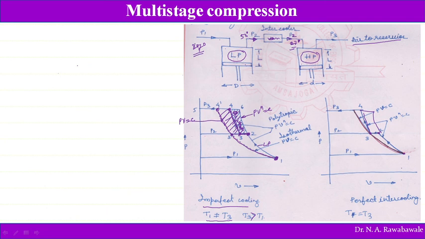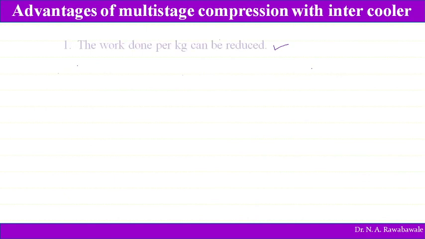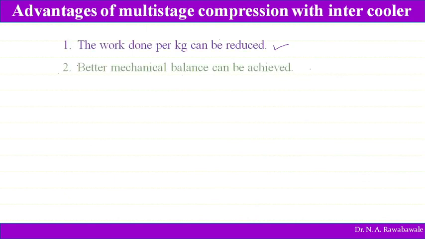These two cylinders are arranged on the same crankshaft in such a way that the imbalanced masses are balanced by each other, and perfect balancing is achieved.